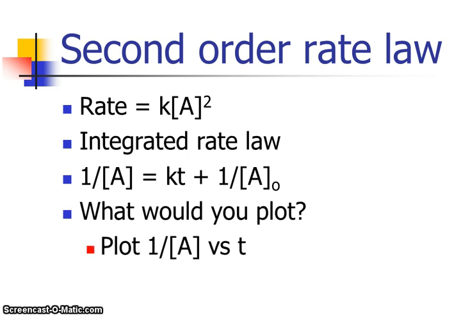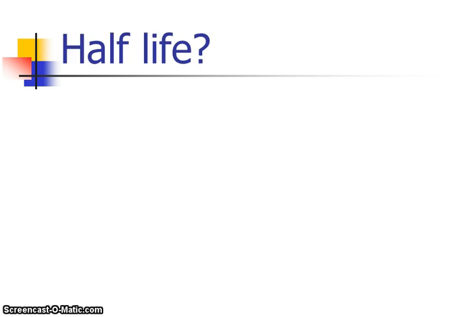So if we were to plot the inverse concentration of A after a period of time versus time, we would get a straight line if our reaction is a second order reaction. And that means that our slope equals K.